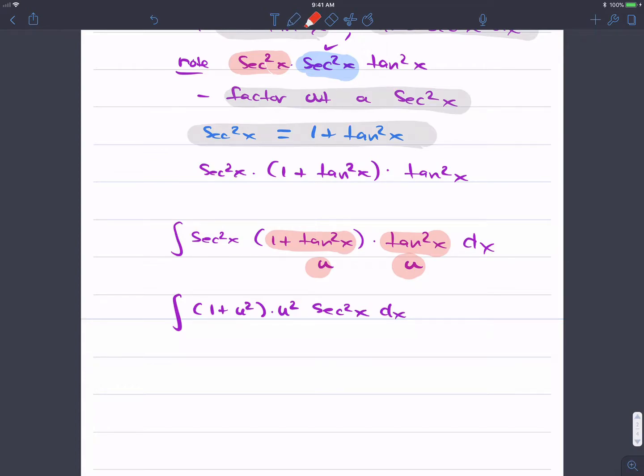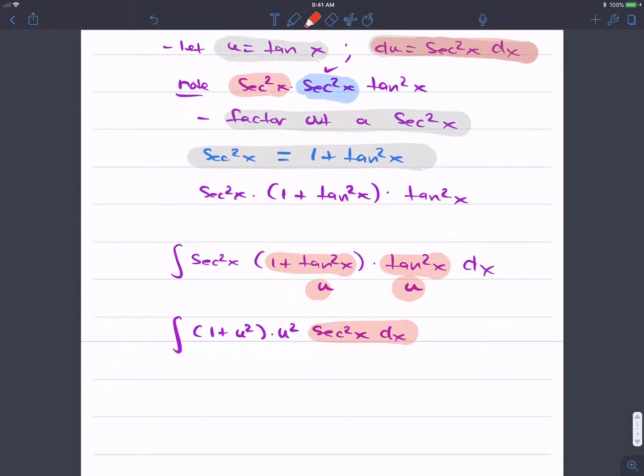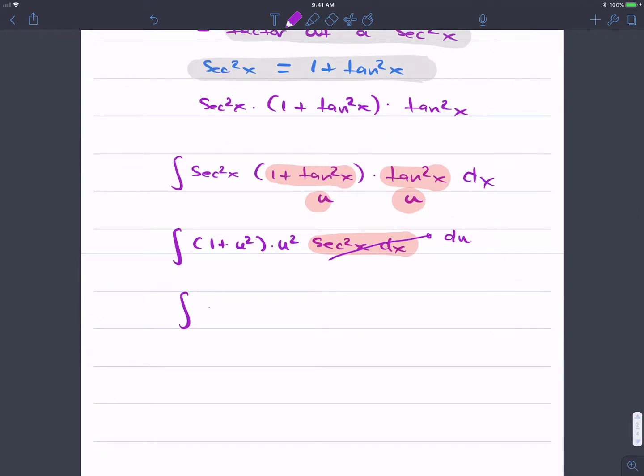However, secant squared dx is going to be my du here. So we get to replace this with a du. Now, I have 1 plus u squared du.